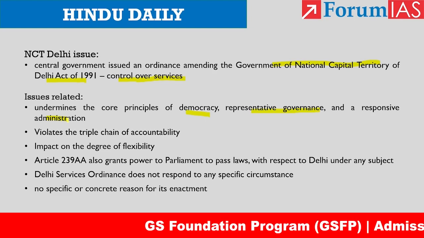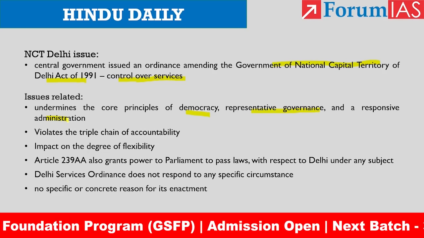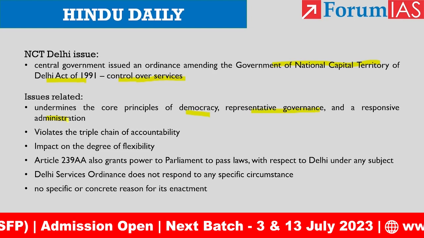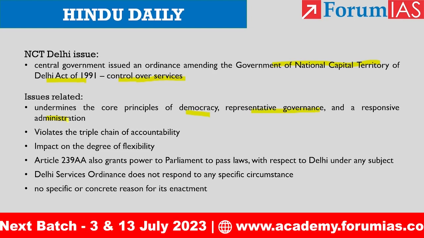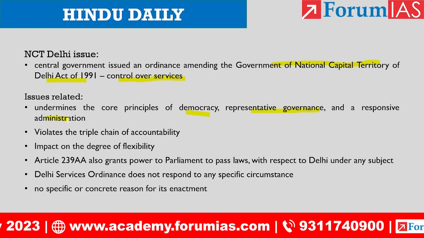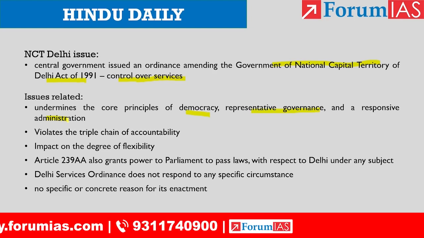This is what is known as the triple chain of accountability. Any action that impacts this triple chain of accountability is said to undermine the core constitutional principles of representative government. Hence, it is said that the Delhi Services Ordinance impacts this triple chain of accountability by taking away the services from the jurisdiction of the Delhi government.